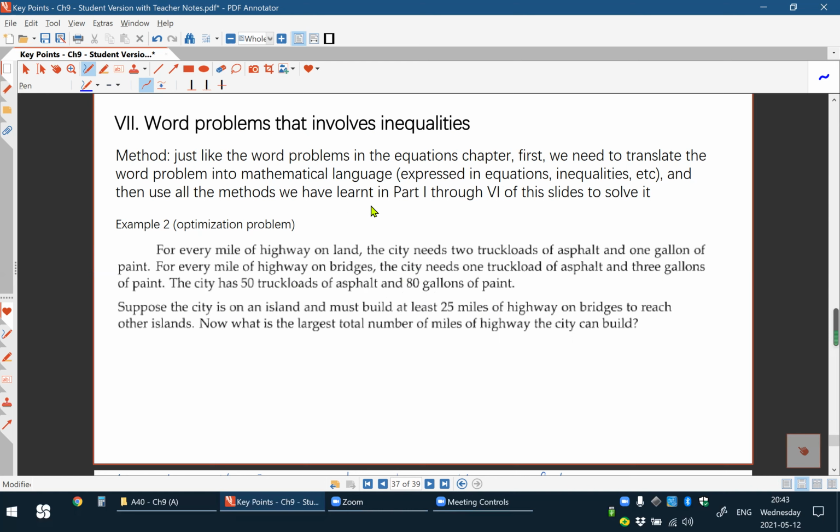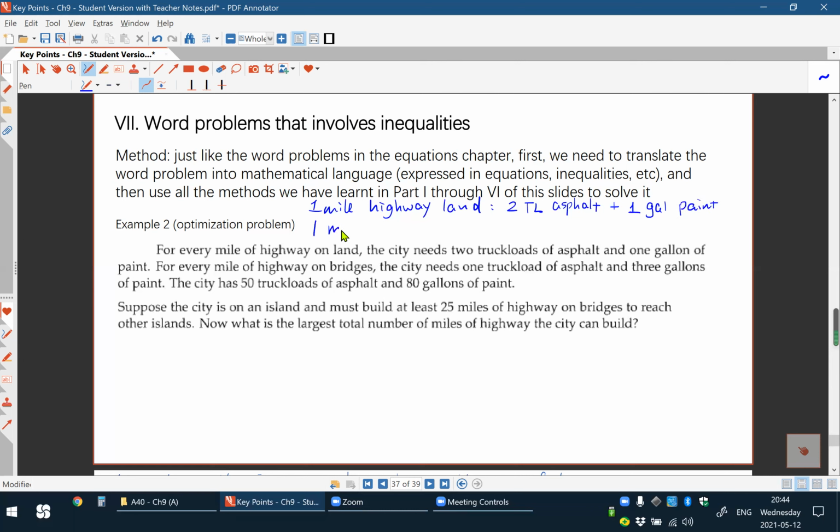So let's make a summary. So for any highway on land, 1 mile of highway on land needs 2 truckloads of asphalt and 1 gallon of paint, right?